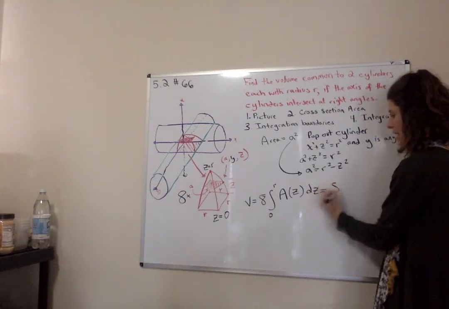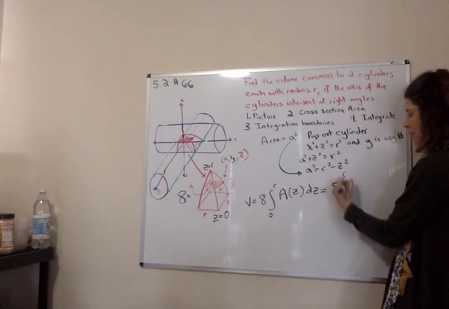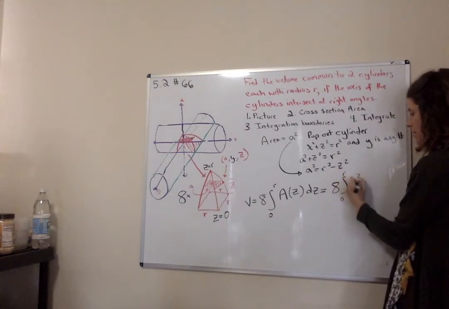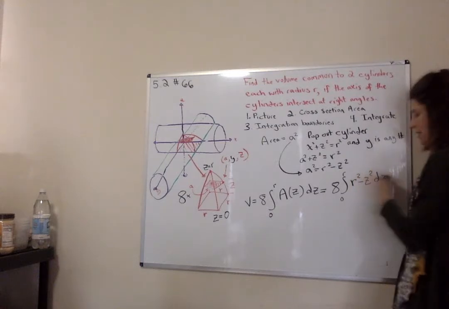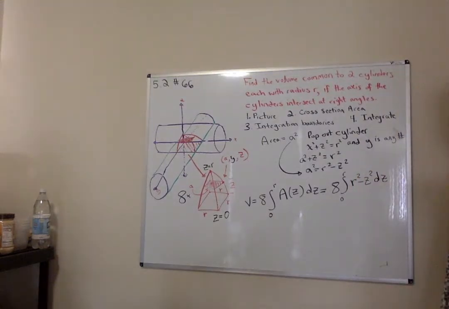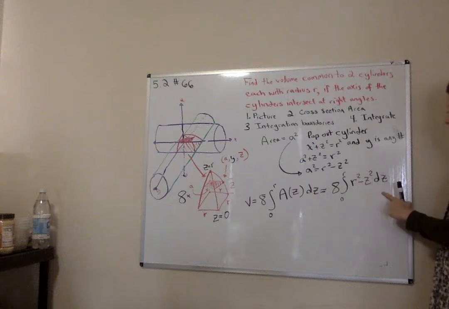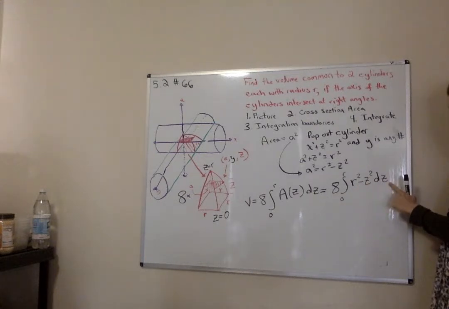So this gives me 8 times the integral from 0 to r of r squared minus z squared dz. I'm integrating this with respect to z.